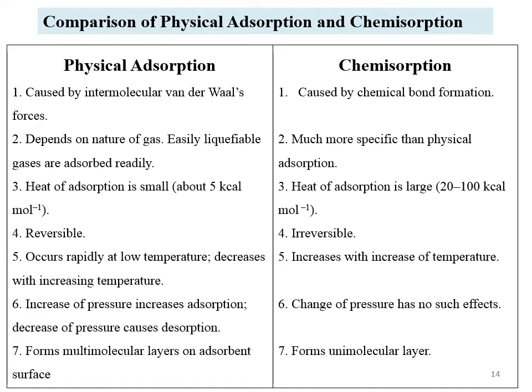On the other hand, there is no effect of pressure on chemisorption. In physical adsorption, multi-molecular layers of adsorbate can be formed on the surface of the adsorbent, while in chemisorption, only a unimolecular layer of the adsorbate is formed on the surface of the adsorbent.